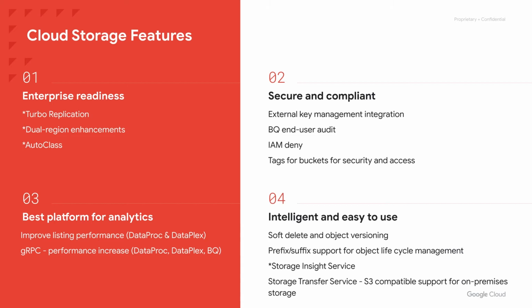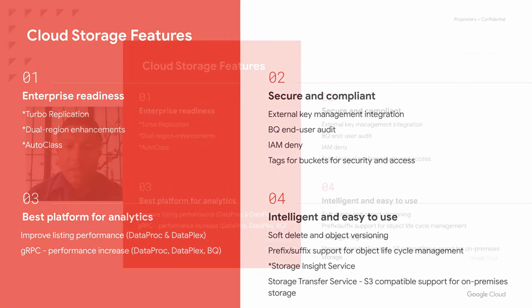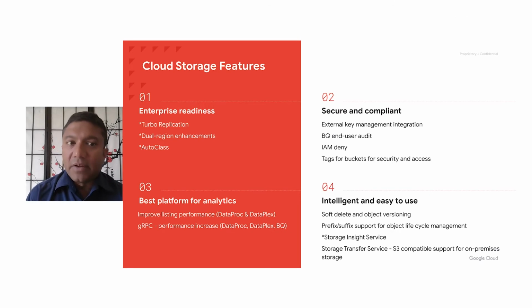Now, lastly, we talk about ease of use, which is critical. We're constantly looking to see how we make our product more intelligent and easier to consume. Soft delete and object versioning is one of those capabilities where customers can self-service in case they have an accidental delete. Providing prefix and suffix support for our object lifecycle management service is critical, and that enhancement gives customers more granular control when they want to do it themselves.